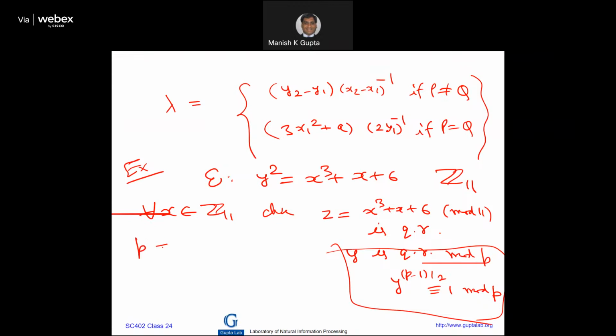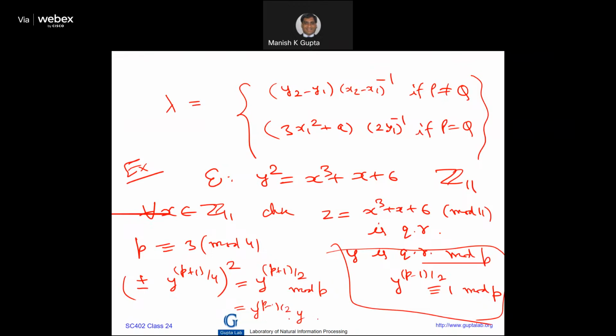For prime p congruent to 3 mod 4, I am just computing plus minus y raised to power p plus 1 by 4, whole square, is equal to y raised to power p plus 1 by 2 mod p, is equal to y raised to power p minus 1 by 2 into y mod p, is equal to y mod p.